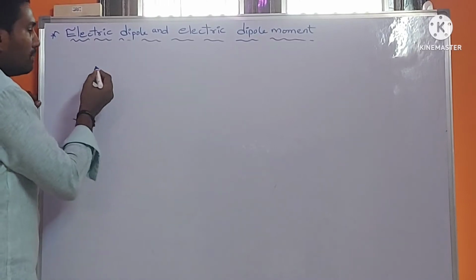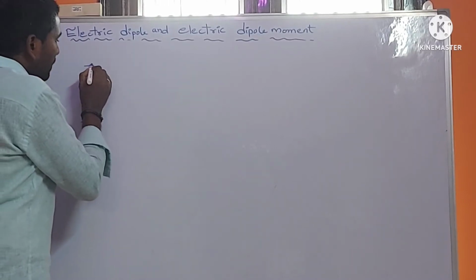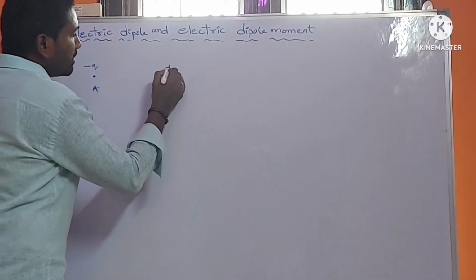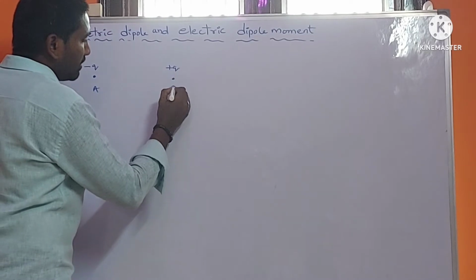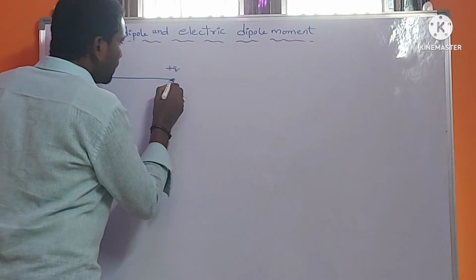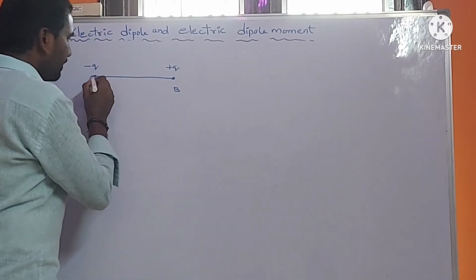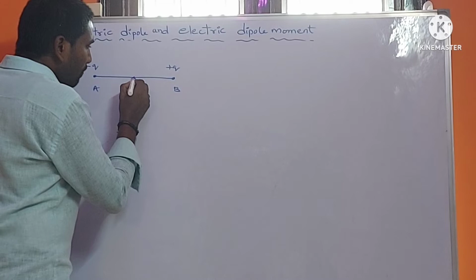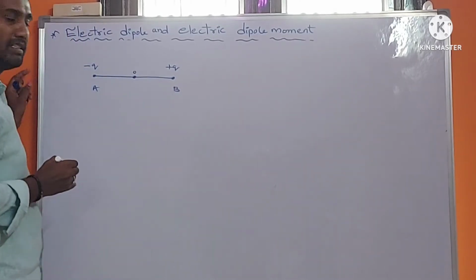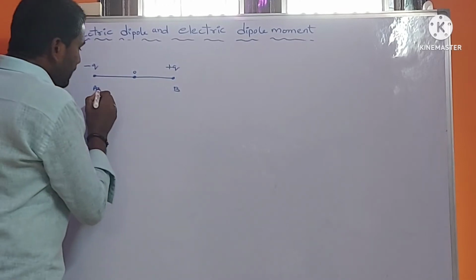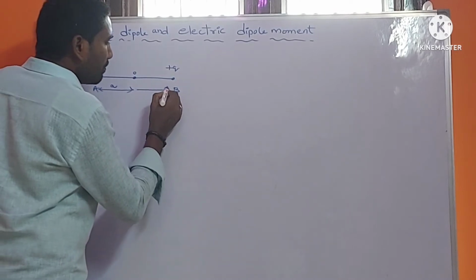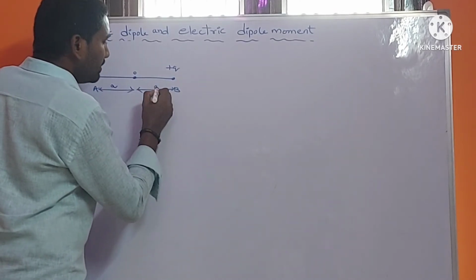Now, a representation of the electric dipole. The electric dipole consists of two charges. The negative charge is placed at A, the positive charge is placed at B. The line joining those two charges A and B has an origin, represented as O. The distance from A to O is a, and from O to B is a.